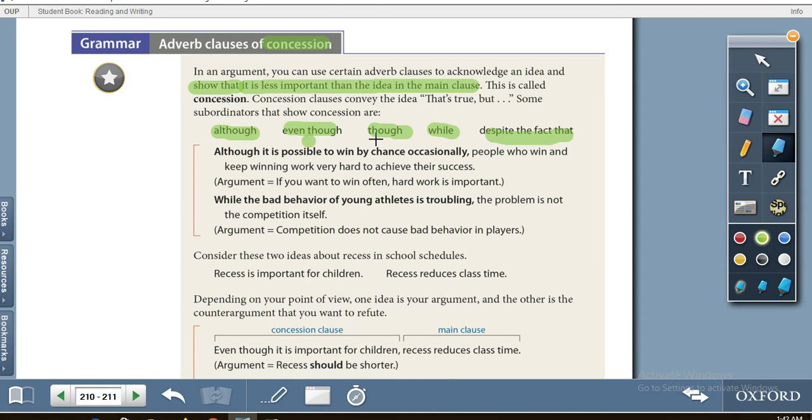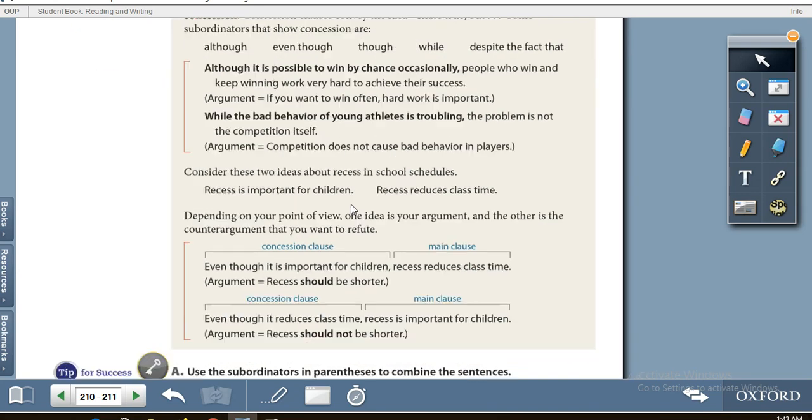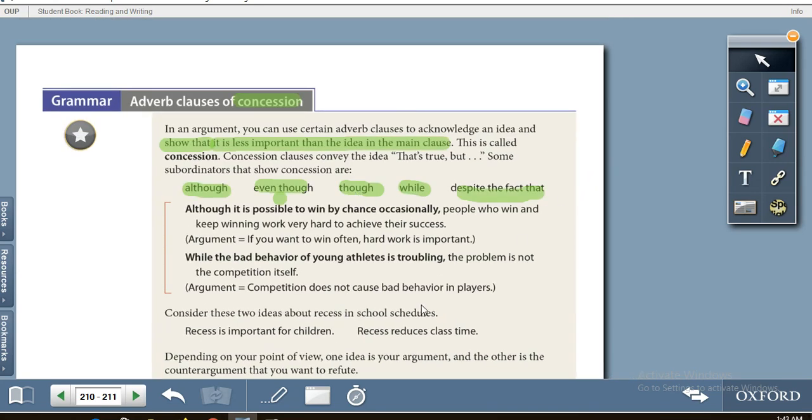Even though online games improve the child's mental level, they also create trouble and make kids stubborn. So we have the concession. Also we use words like though, while, despite the fact that.